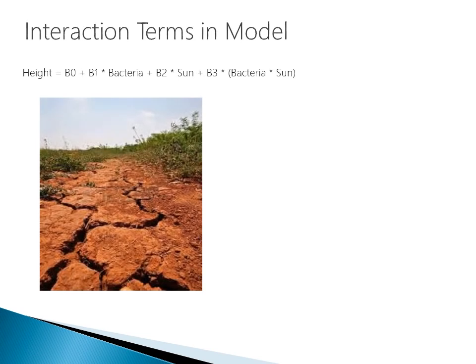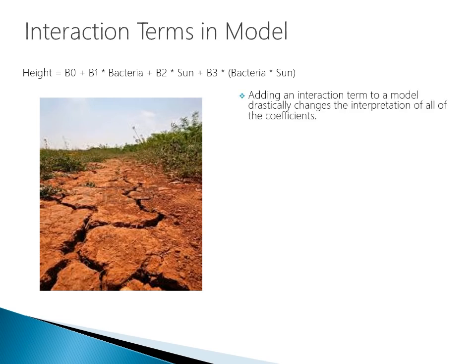So I'm going to keep the regression equation front and center, so as we're going through the next set of points in the presentation, we can follow along and refer back. Adding an interaction term to a model drastically changes the interpretation of all of the coefficients.